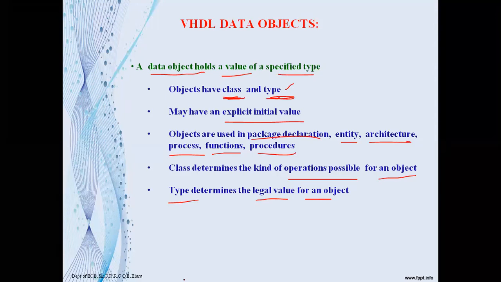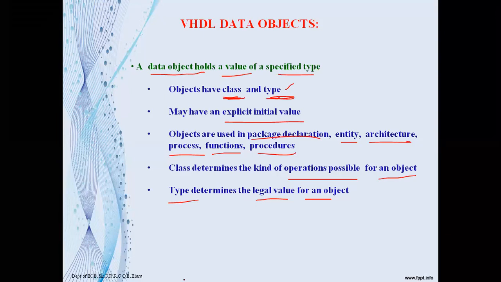If we observe a circuit in the physical layer, the circuit may consist of signals, the circuit may consist of variables, the circuit may consist of constants. So now what is a class here? The class is nothing but these things.